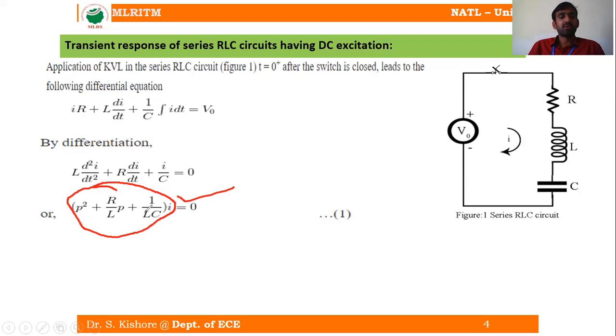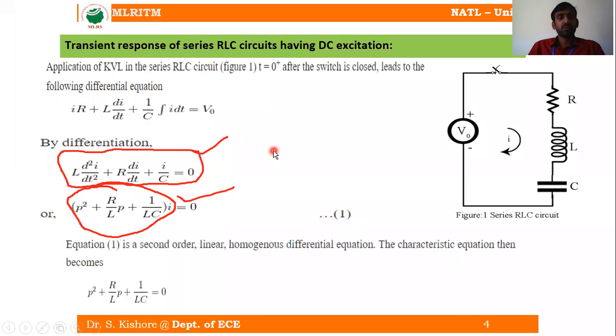this is going to be the characteristic equation of this particular second order differential equation, which is nothing but P square plus R by L into P plus 1 by L into I. So now for this kind of characteristic equation, what could be the solution?